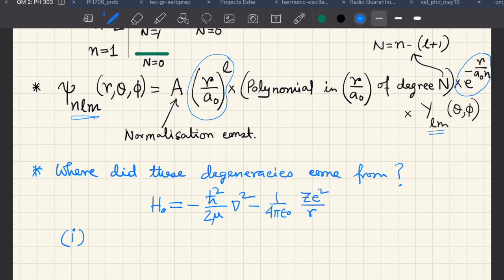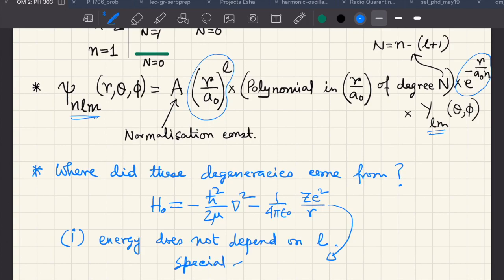The most subtle degeneracy to explain is the fact that energy does not depend on L. That is the first interesting fact. Energy does not depend on the orbital angular momentum quantum number. And this follows from a special symmetry of this Hamiltonian, and I am sure it was discussed in your PH 204 course.